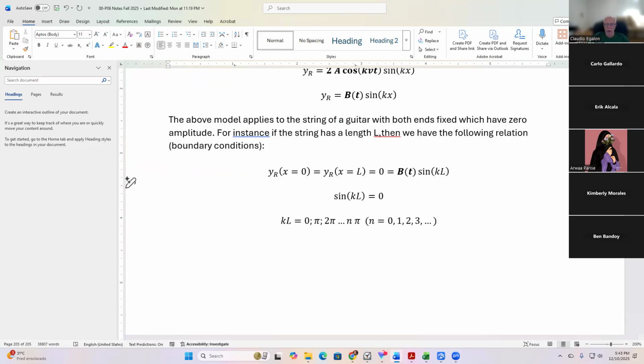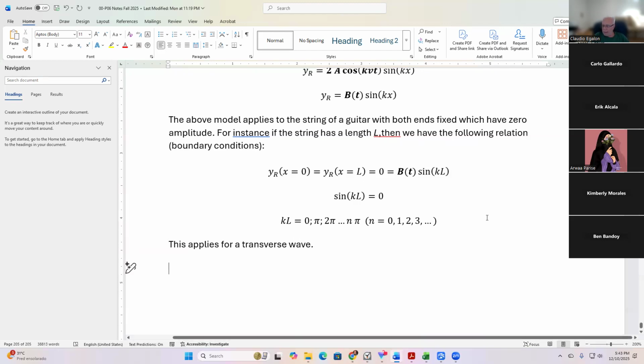We cannot say much about what happens in between, but at least at the extremes, at x equal to 0 and x equal to L, the amplitude is going to be 0. That applies for a transverse wave.